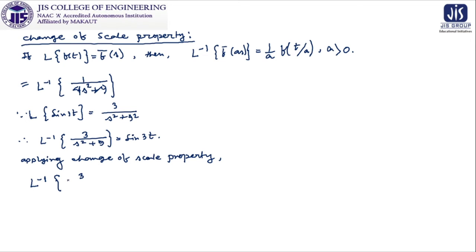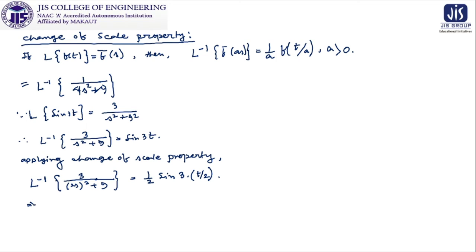So Laplace inverse of 3 by 2s square plus 9. Why am I taking 2? Because my final target is to make 4s square. So if I write a equal to 2, it will become 4s square, equal to 1 by 2 because of 1 by a, then sine 3t, sine 3 into t by a, that means t by 2.